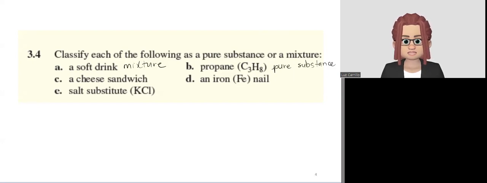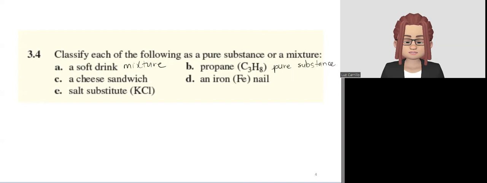So I can give you just a brief preview that what the book is trying to illustrate here is that specifically the carbon atom has 3 atoms present in every single molecule of propane, and those 3 carbon atoms will be attached to 8 hydrogens. So for now, whenever we observe, and there's many examples like this, that in parentheses we have symbols of elements, then that is going to illustrate a pure substance.